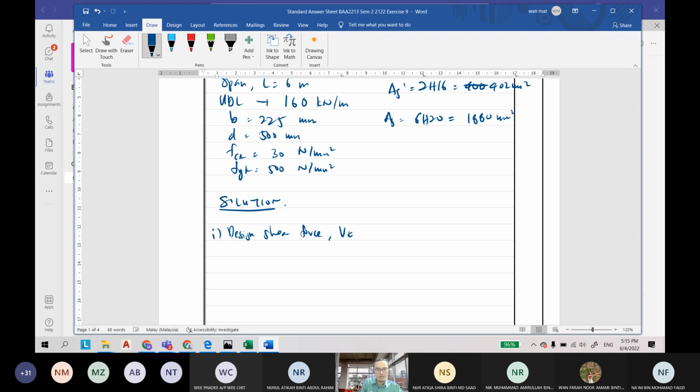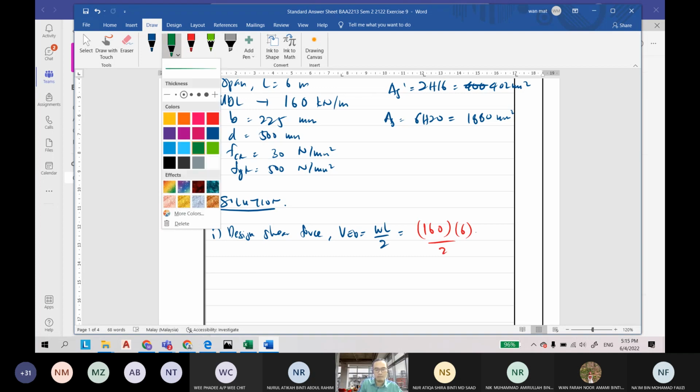VED equal to WL over 2, now our W, our ultimate UDL, is equal to 160 times 6 over 2. So what is the value of our VED now?